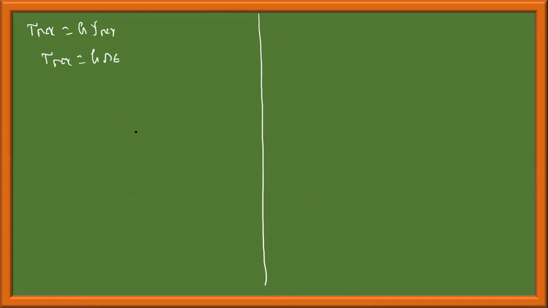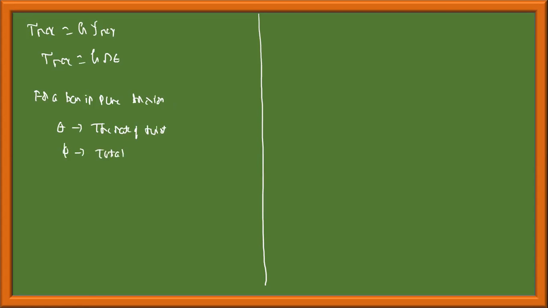Now, for a bar in pure torsion, note this: theta is the rate of twist, and phi is the total angle of twist.